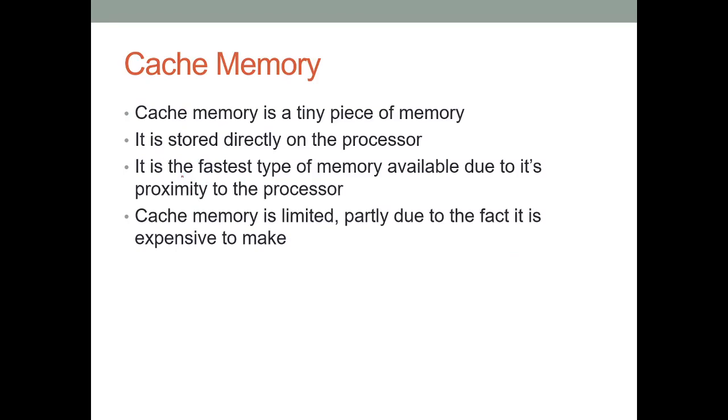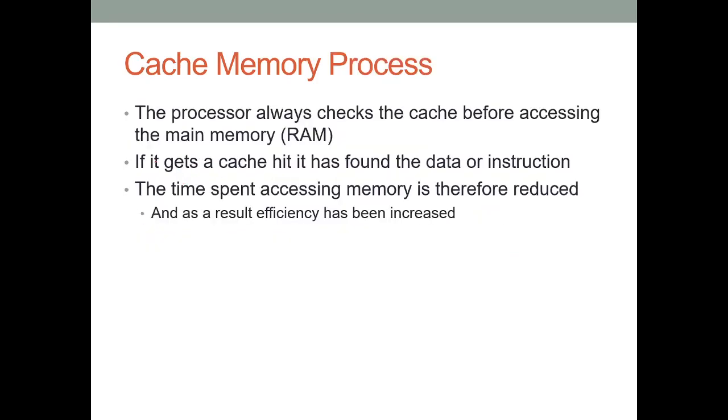It's fastest just because it's built onto the processor, and the way it works is that before the processor even checks RAM or anything, it will check the cache memory to see if the data is already there. And I've talked about this before. The type of things that are stored in cache memory are, say you go to one website constantly, like YouTube.